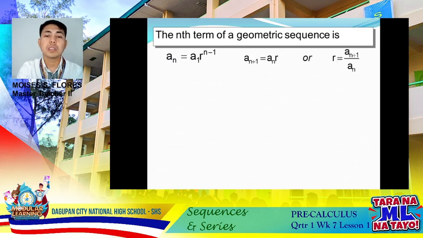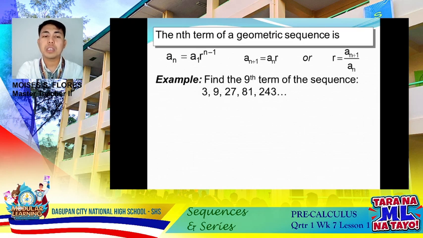For our example, you are asked to determine the 9th term of the sequence 3, 9, 27, 81, 243. Without the formula, if you are going to do it manually, it would be time consuming.